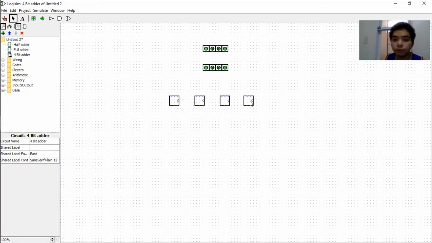This is for the carry. We connect that carry to the Cin.